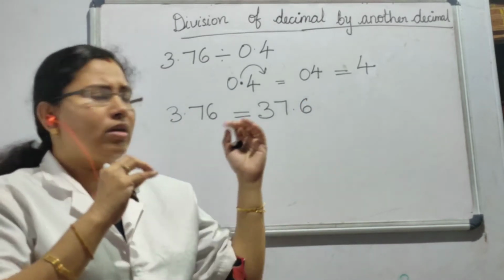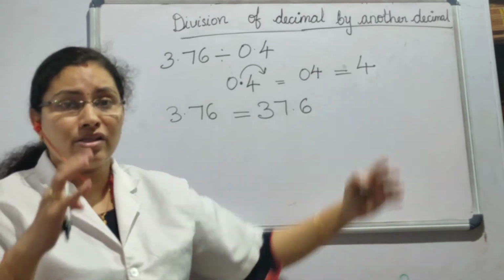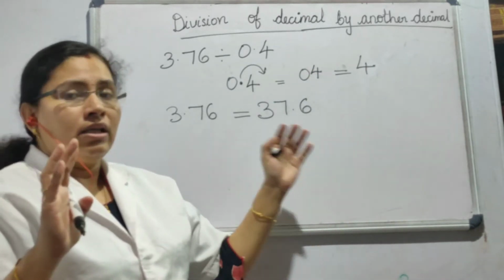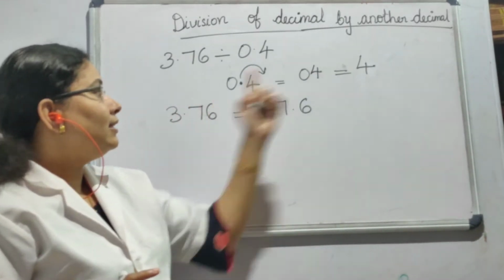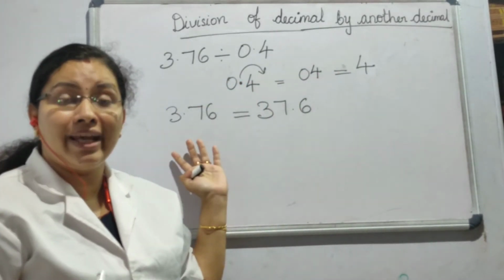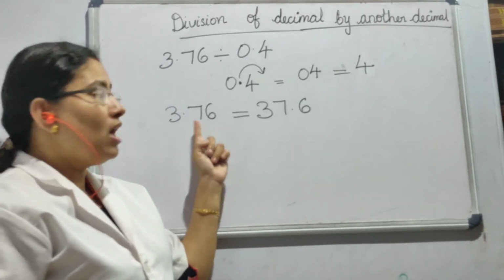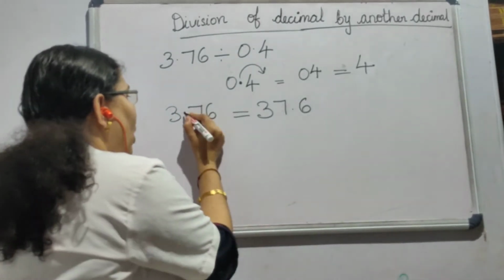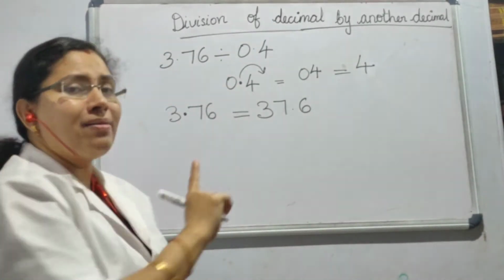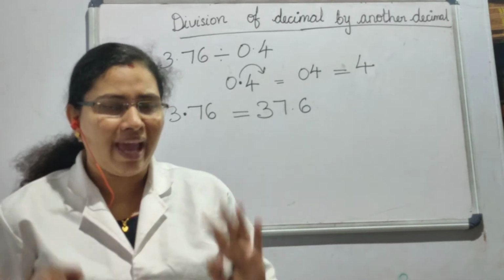The 0 is on the left side, so we ignore it and get 4. The same number of times, we have to move the dividend's decimal point also. So 37.6 is the new dividend.